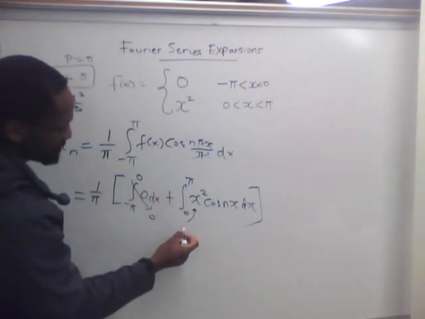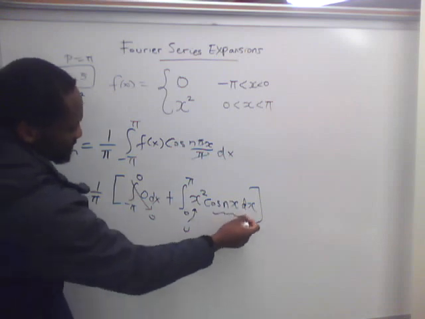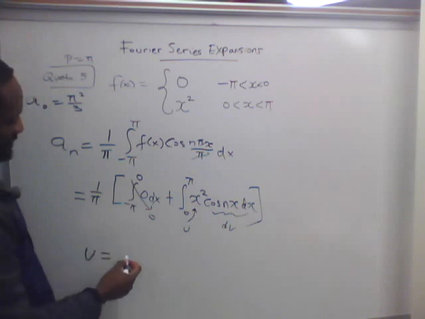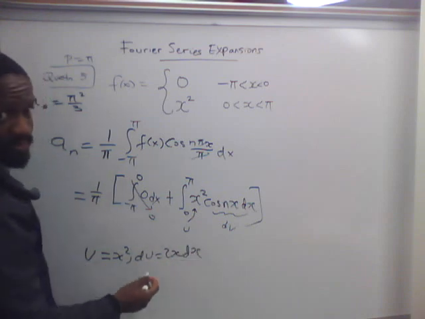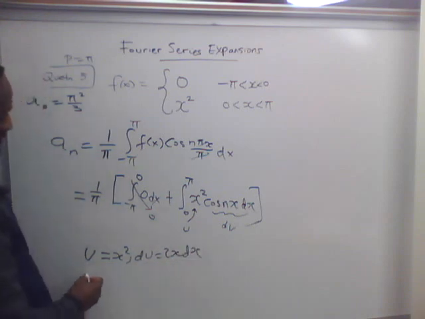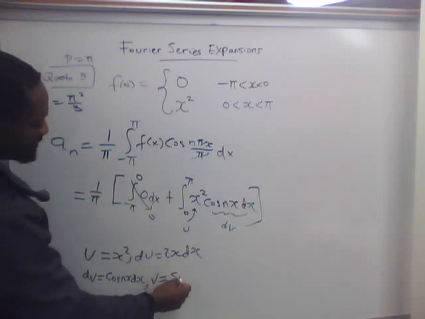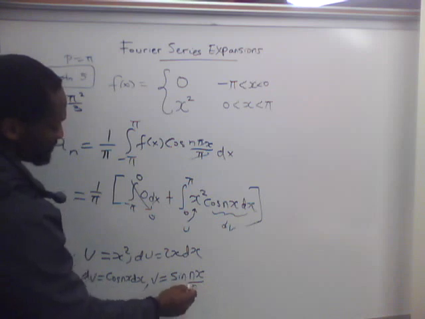Using integration by parts. Let's say I call this u, I call this dv. That means my u is x squared, du is 2x dx. My dv is cosine nx dx, and my v is sine nx over n.